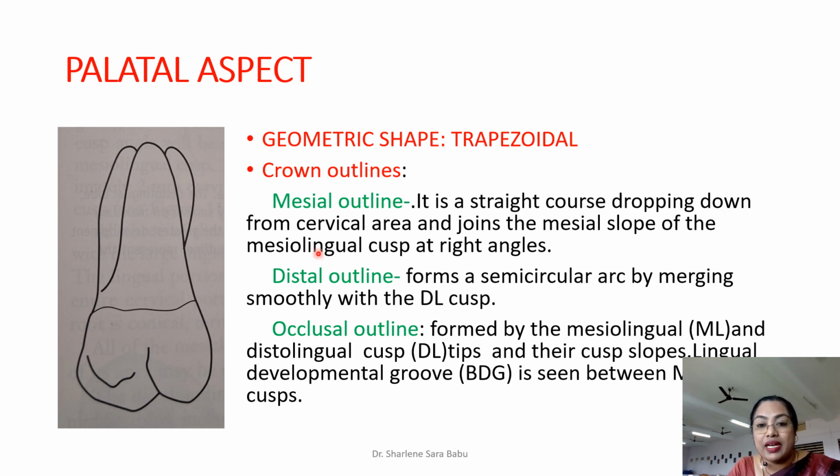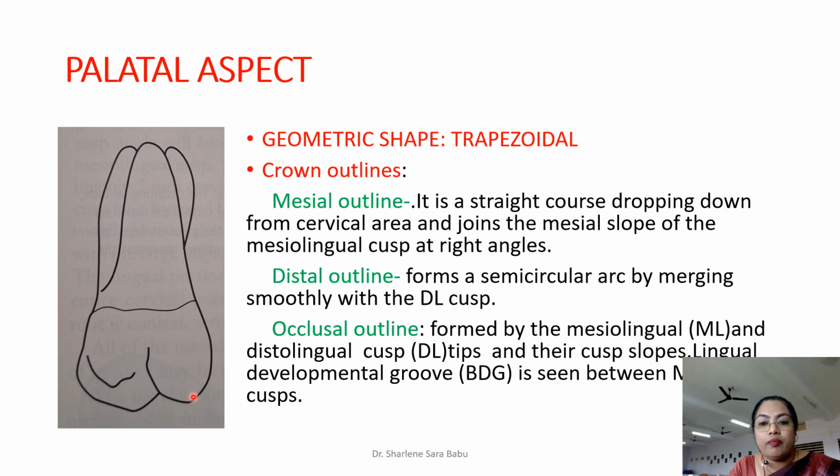Let's move to the palatal aspect. Again, the geometrical shape is trapezoidal. Going to the mesial outline, it is a straight course dropping down from the cervical area and joins the mesial slope of the mesiolingual cusp at right angle. The distal outline forms a semicircular arc by merging smoothly with the distolingual cusp.